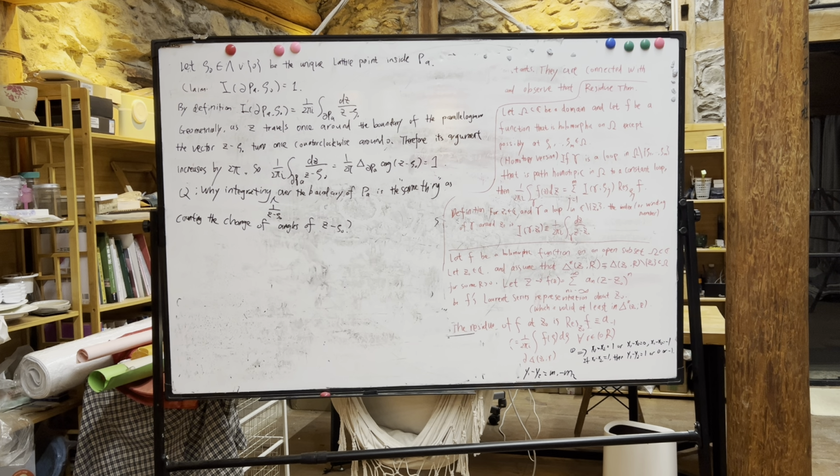And on the other hand, you also want to count the 1 over the distance, the difference between z and zeta naught. So yeah, I'm not sure why this can just lead to the total change of the argument.